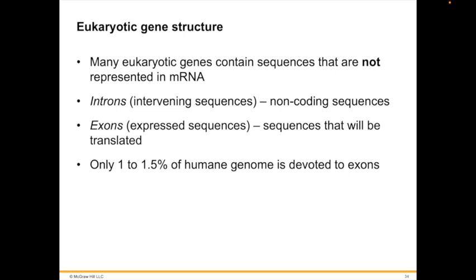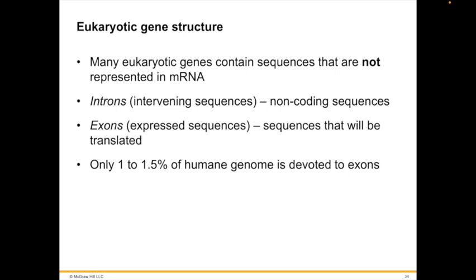In the case of eukaryotes, genes can be interrupted by sequences that are not represented in the mRNA and the protein. The term split genes was used at that time, but now the nomenclature that has stuck describes the unexpected nature of these sequences.